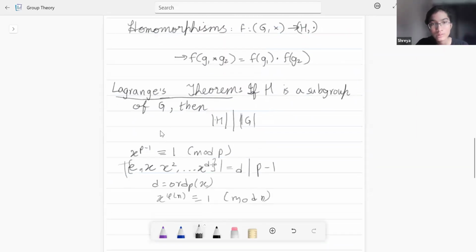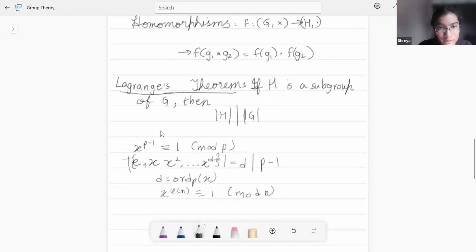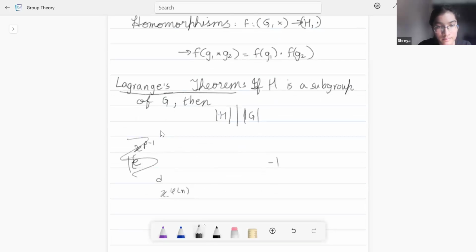Okay, so now let's try to see the proof of this. Do you have any ideas? How would you prove something like this about the cardinality?